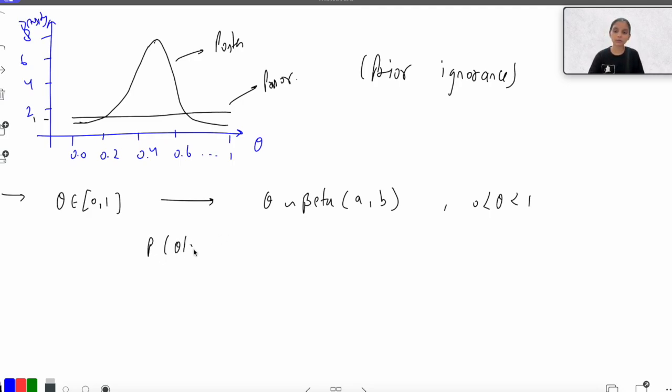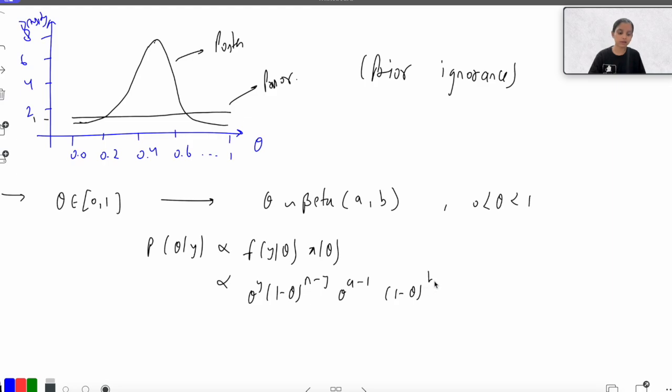P of theta given y is proportional to f of y given theta and pi theta. Let's see, that will be theta raised to the power y, 1 minus theta raised to the power n minus y, and this times theta raised to the power a minus 1 and 1 minus theta raised to the power b minus 1, and that is proportional to, let's just sum it up, theta to the power y plus a minus 1 and 1 minus theta to the power n minus y plus b minus 1.